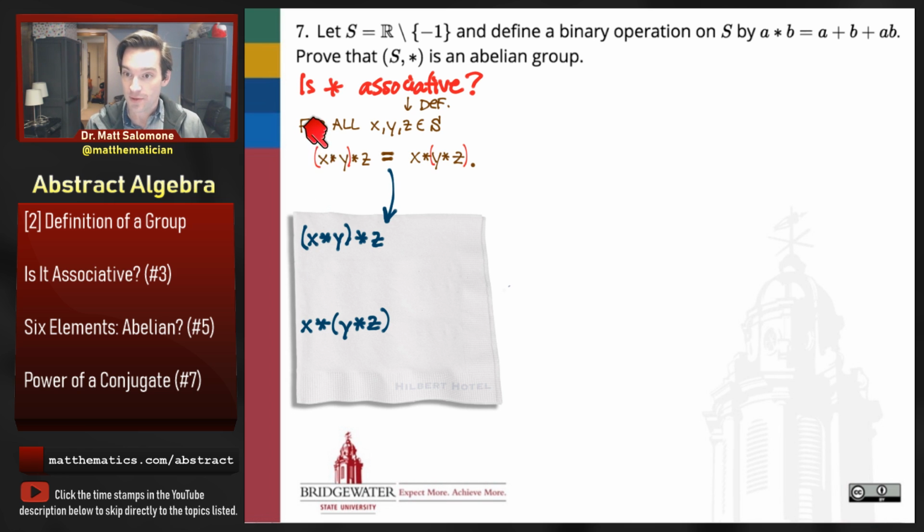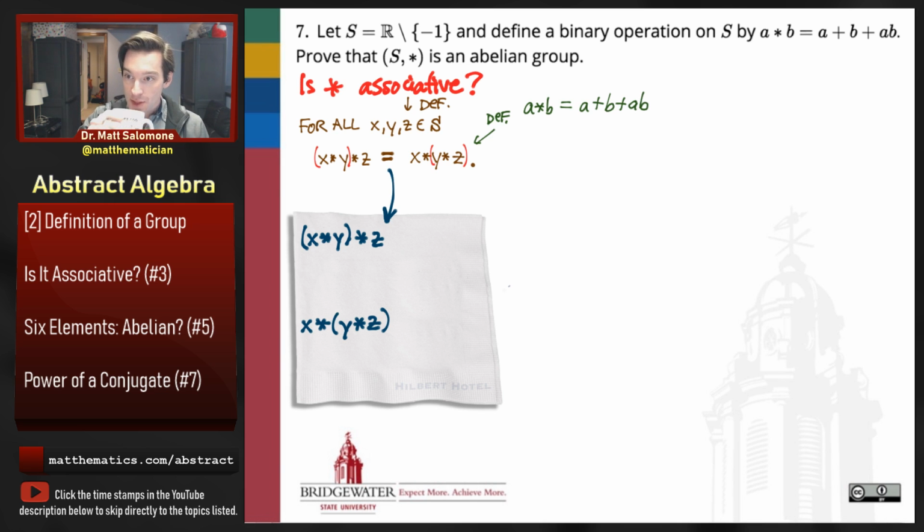But the issue here, of course, is that this star is the operation in my purported group, and so this star is defined by the statement up here on top. There's a definition of the star operation that also needs to be part of our argument. The definition is that a star b is the sum added to the product of these real numbers.